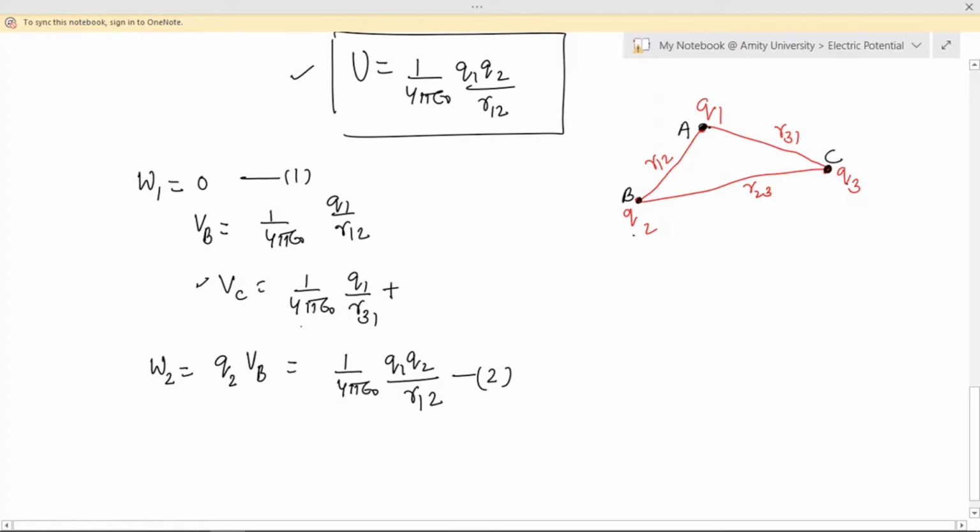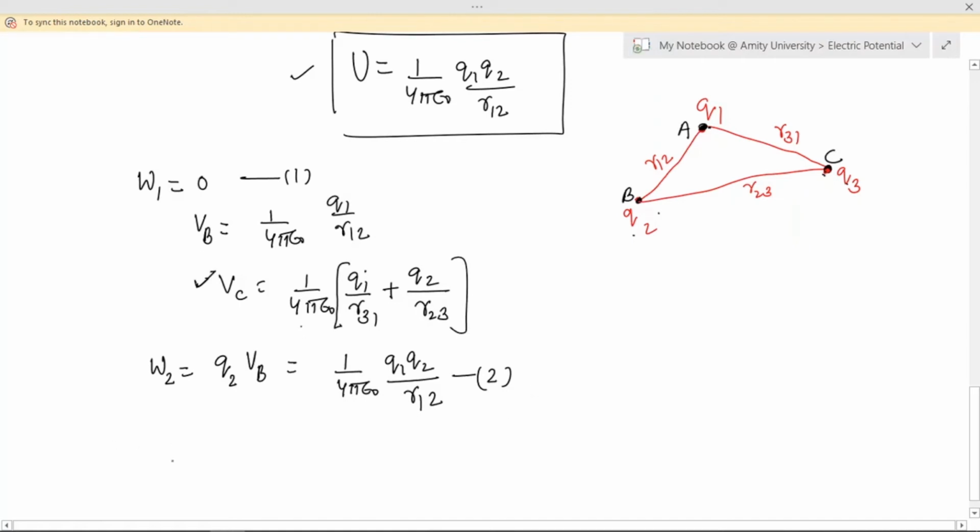The term 1 by 4 pi epsilon naught Q1 by R31 was the potential due to Q1. Now we can add the potential due to Q2 here itself: taking 1 by 4 pi epsilon naught common, we add Q2 upon R23. Now this becomes the total potential at point C.